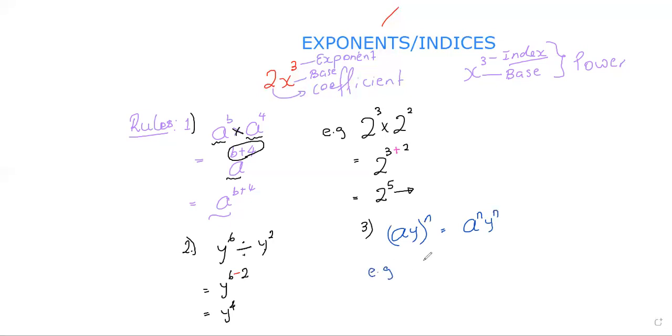E.g., you have 2 a squared b to the minus 3, all to the power of 4. This becomes 2 exponent 4, a to the 2 times 4, b to the minus 3 times 4. Now look what happens here.